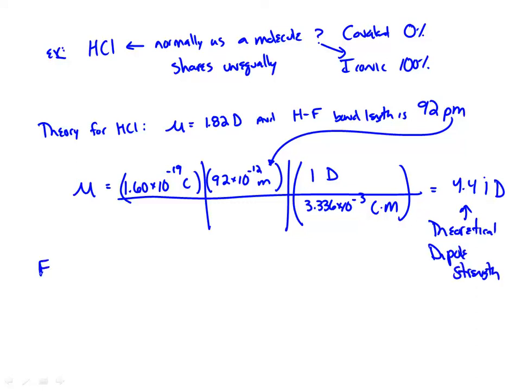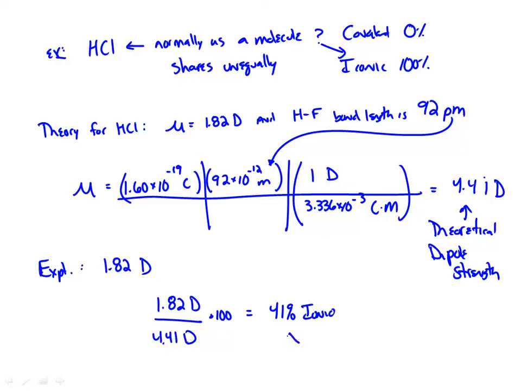Now, experimentally, we achieve a value of 1.82 debye. So if I take my experimental value over my theoretical value times 100, we get that it's about 41% ionic.